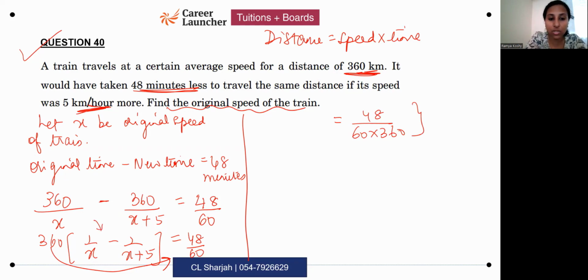On this LHS, cross multiply like this: x plus 5 minus x divided by this. x and x will be cancelled. Here this is 12 into 4, 12 into 5. This is 4 into 90. So I get x square plus 5x.